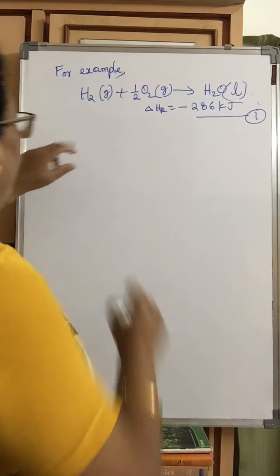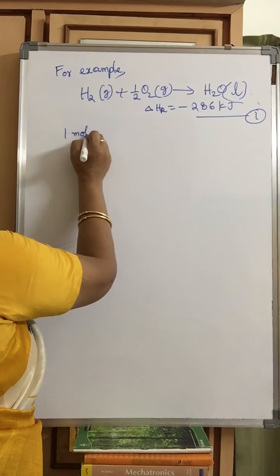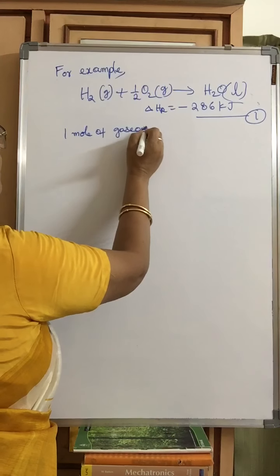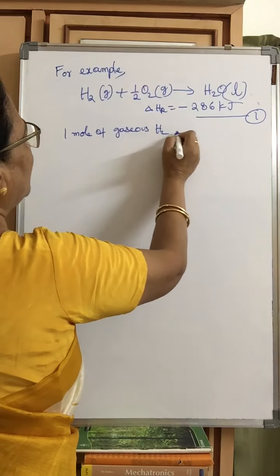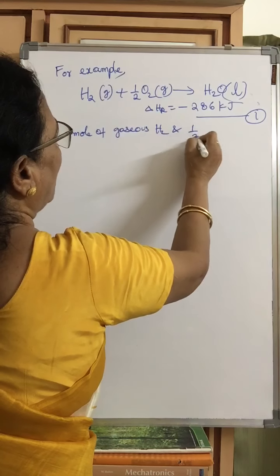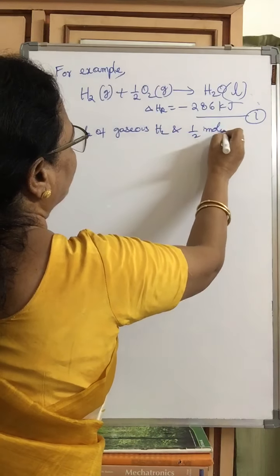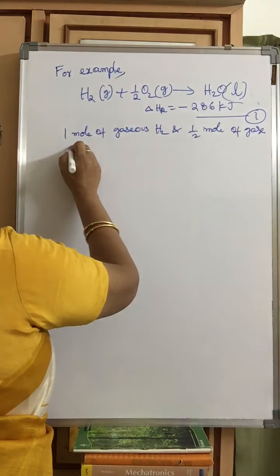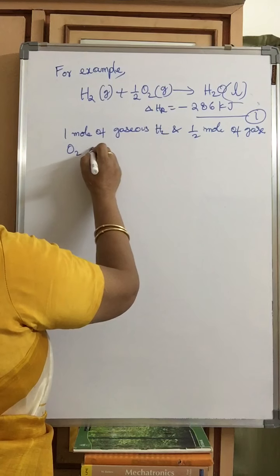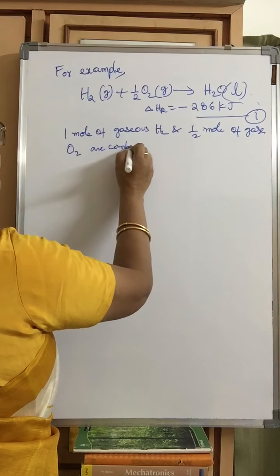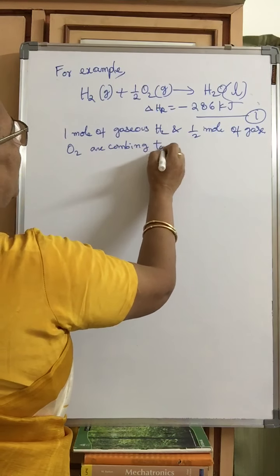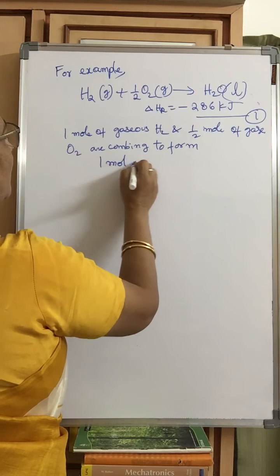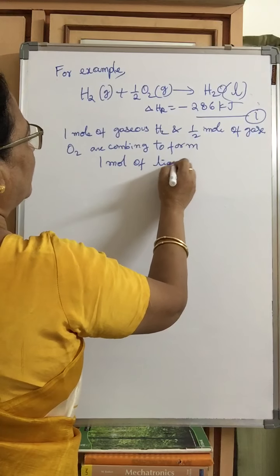Here, 1 mole of gaseous hydrogen and half mole of gaseous oxygen are combining to form 1 mole of liquid water.